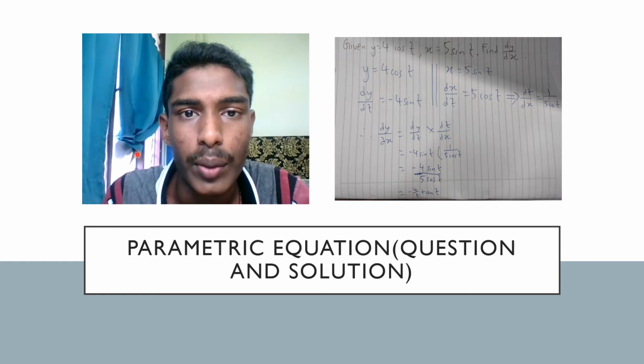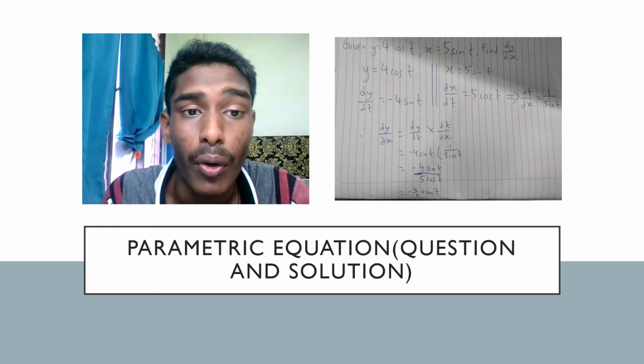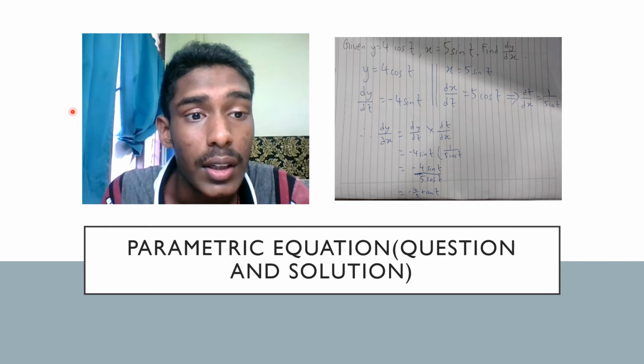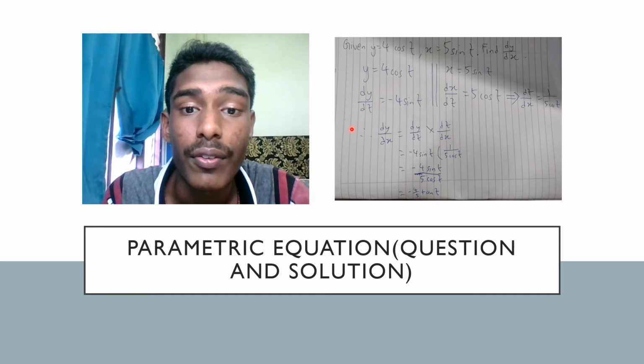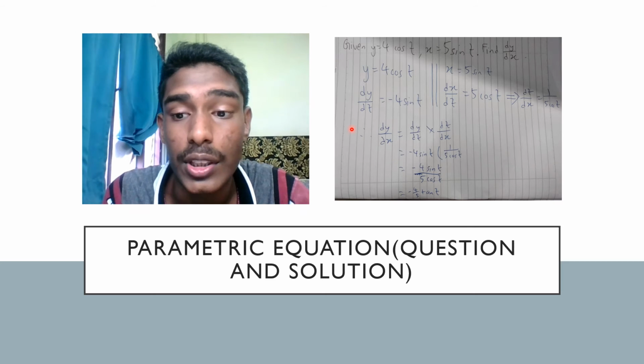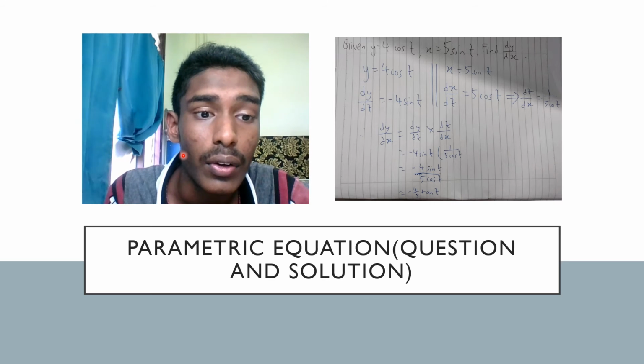Okay, next we move on to the example question and solution for the parametric equation. In this question, it is given y equals 4 cos t and x equals 5 sin t. They are asking to find dy/dx, which is the gradient. First step, y equals 4 cos t.